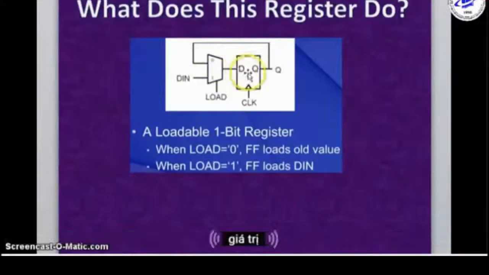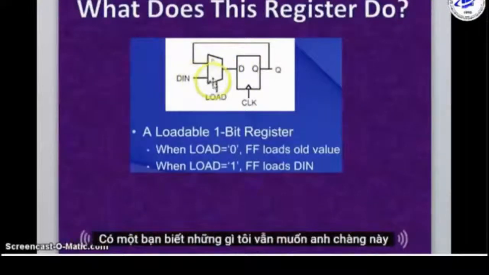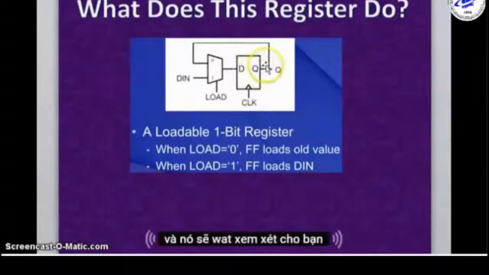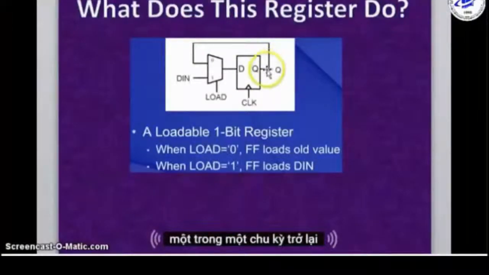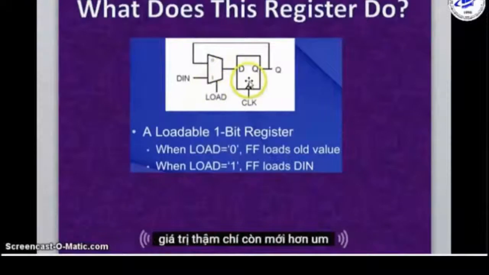Let's put the old value back into that register. Just keep cycling through. If it's 1, you're going to say, you know what? I kind of want this guy loaded in there, and that is going to be contained there, and it'll cycle back, and now it'll wait for you again to say, okay, do you want to load that new value back in again, or do you want to put an even newer value in?